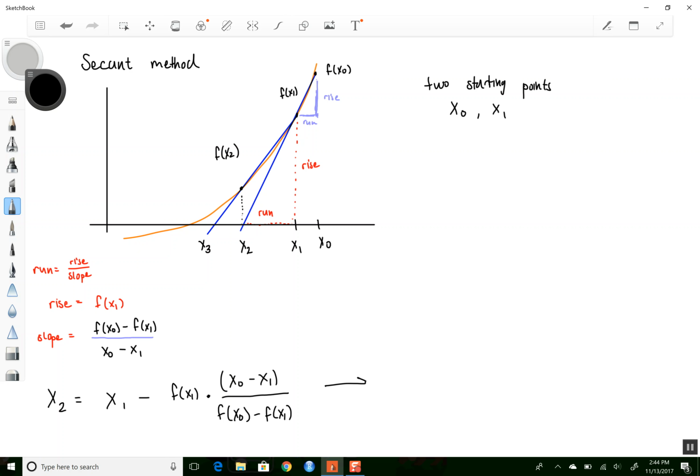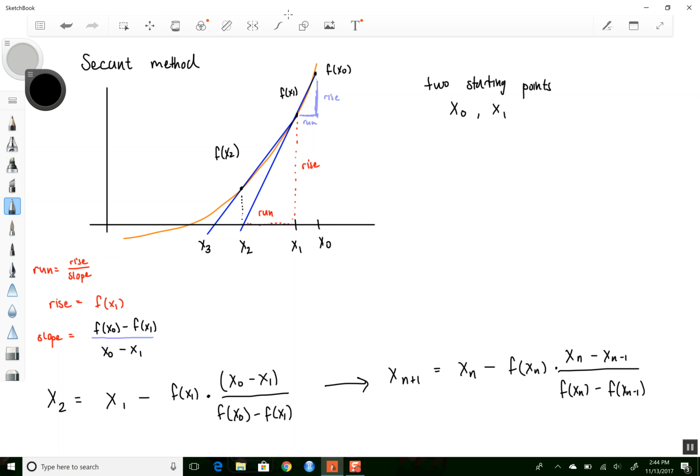Okay, so then in general form, we have x at time n plus 1 will be equal to x at time n minus f at x at time n times, and now I'll copy the book notation here, but they have xn minus xn minus 1 divided by f of xn minus f of xn minus 1. But it's the same, right?